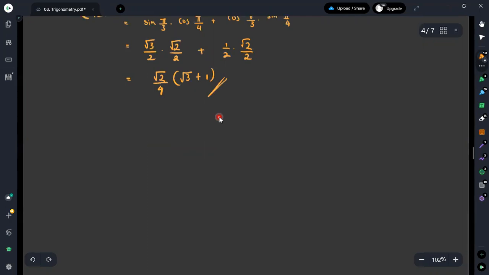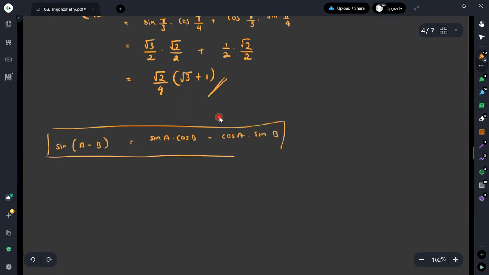Sine(a minus b) was written as sine a times cosine b minus cosine a times sine b. Using this equation, we'll now take the sine value of a compound angle.